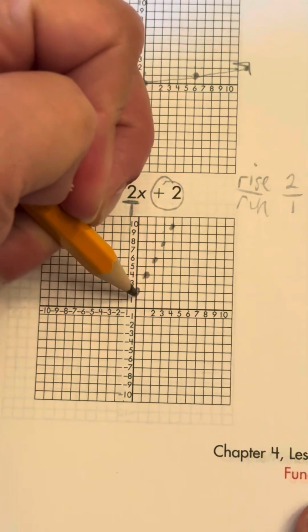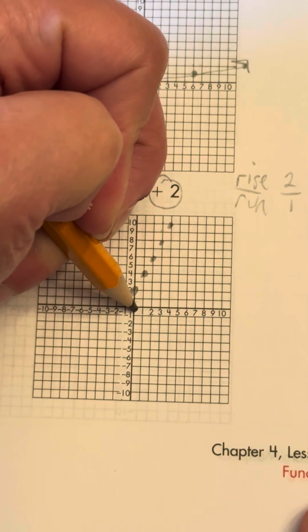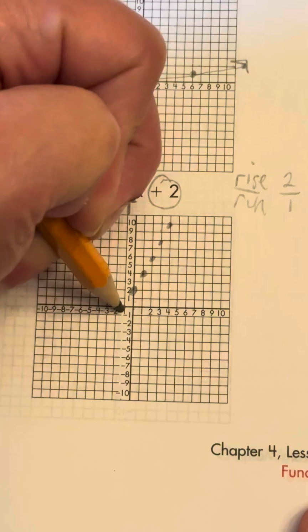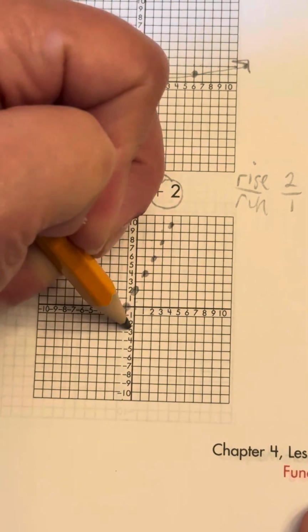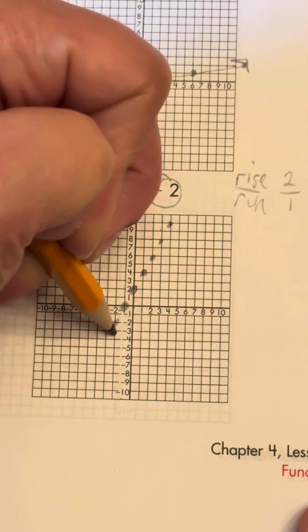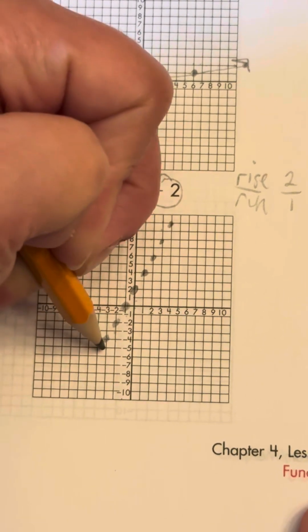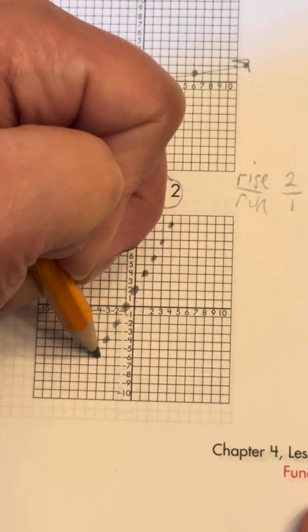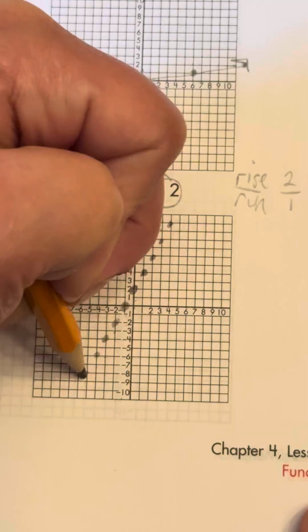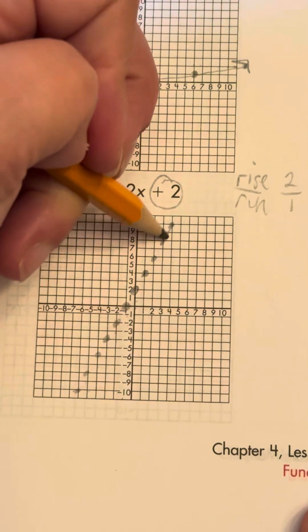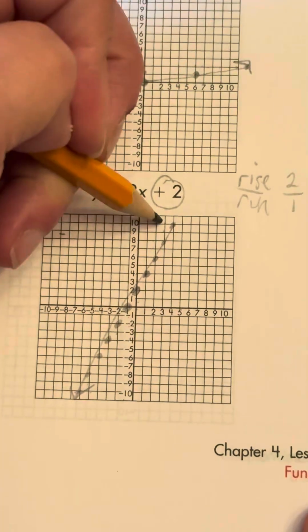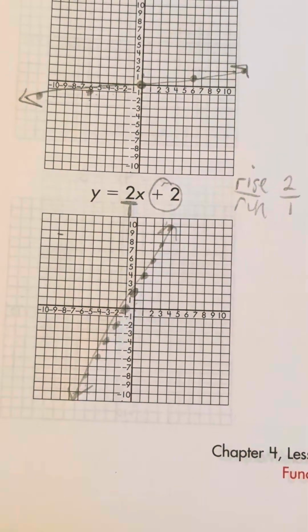Instead of going up 2, I'm going to go down 2, and instead of going right 1, I'm going to go left 1. As you can see, it still keeps that straight line intact. Down 2, over 1. Down 2, over 1. I can keep doing that until I get off the graph. And there's your linear equation. Connect all your dots and you are done. Arrows on both ends. That's your linear graph.